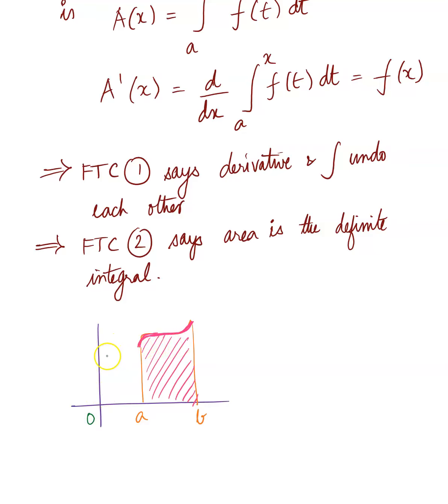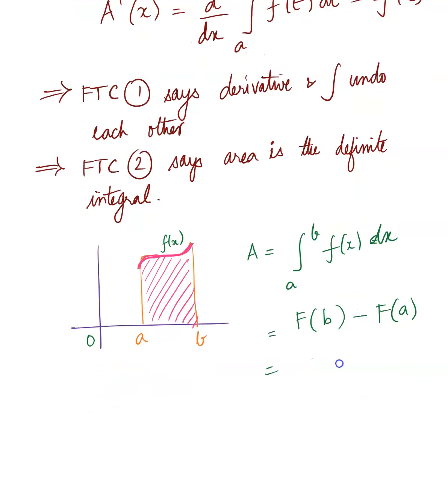The area under the curve is the integral from a to b of f of x dx. So fundamental theorem of calculus 2 says this is the same as F of b minus F of a, isn't it?